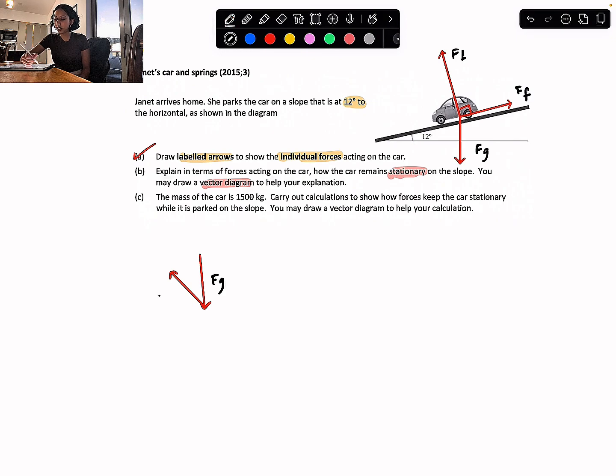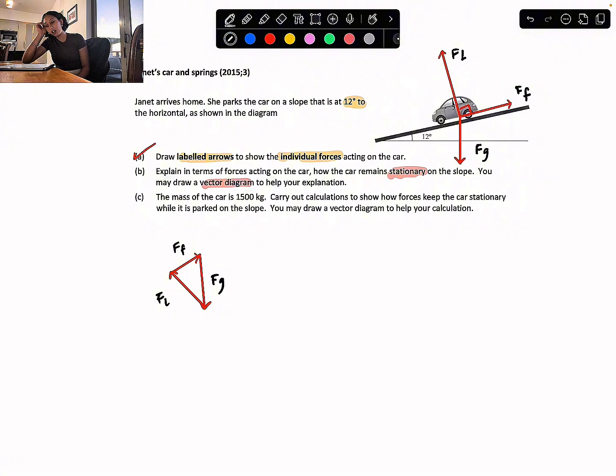I'll label that as well. And then I've got one more vector left, and that is going to be added to the head of my previous vector. So you can see that all the tails are attached to a previous head of a vector, and that's how you do it. And I'll label that F.